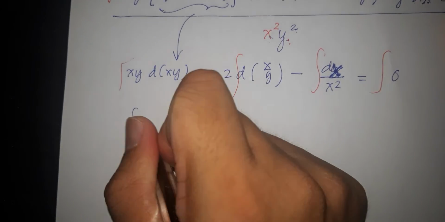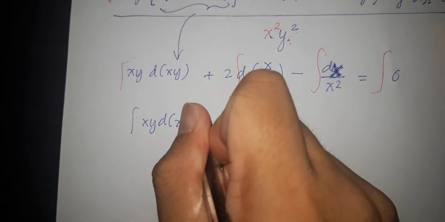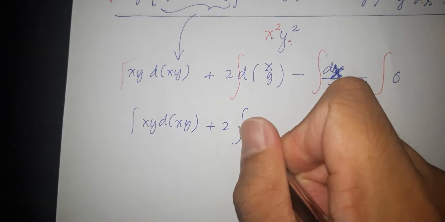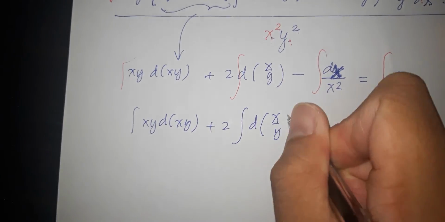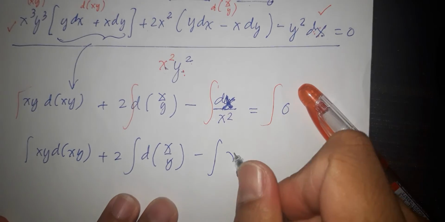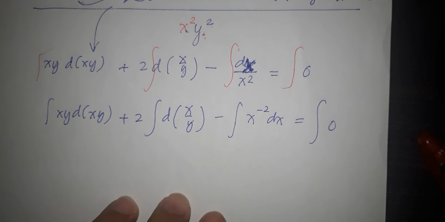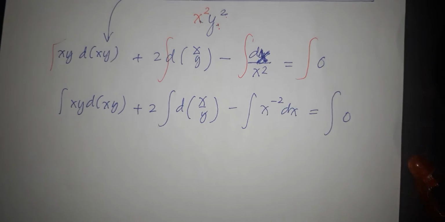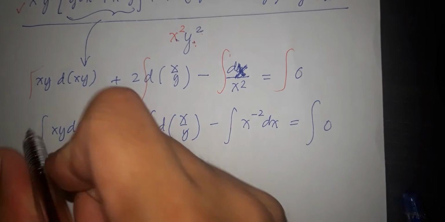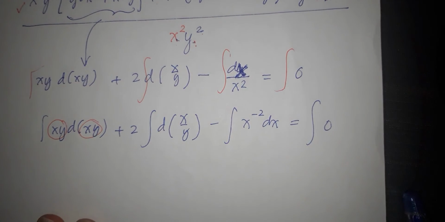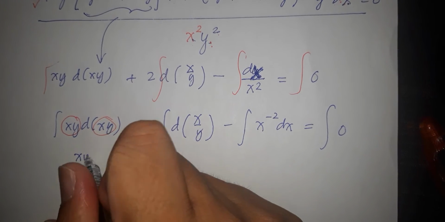So this is integral of xy, derivative of xy, plus 2 integral of the derivative of x over y, minus integral of x to the negative 2 dx using our power formula. Let's integrate. If this is u and if this is du, that is simply u to the n plus 1 over n plus 1.